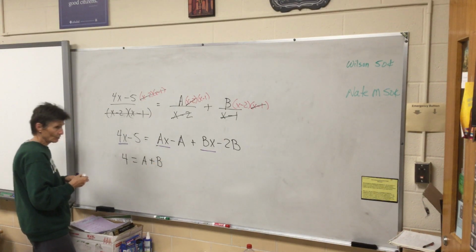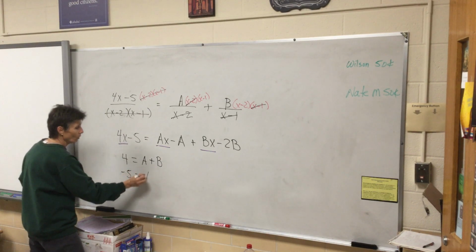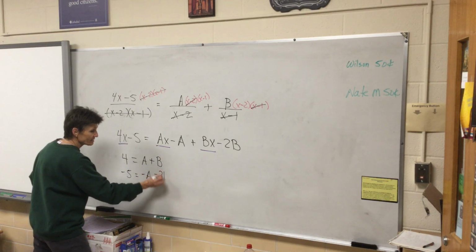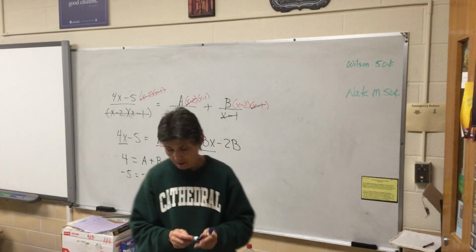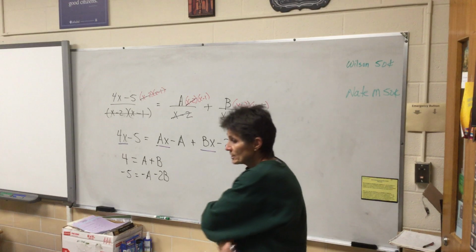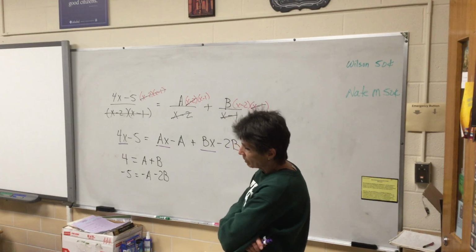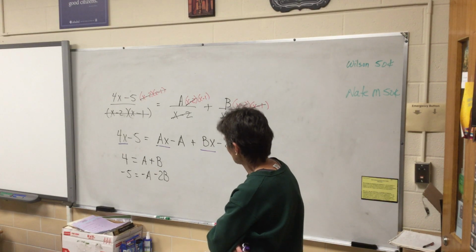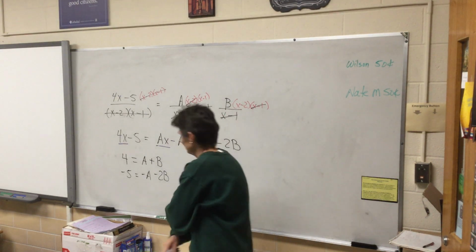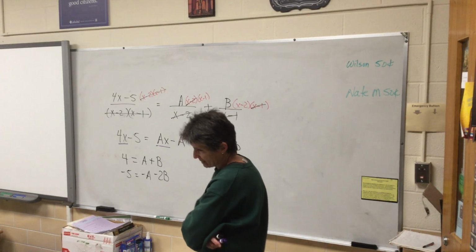And similarly, negative 5 must equal negative a minus 2b. So in other words, the x's on the left have to equal the x's on the right, and the plain numbers on the left have to equal the plain numbers on the right. What's that? A system of equations. Exactly.